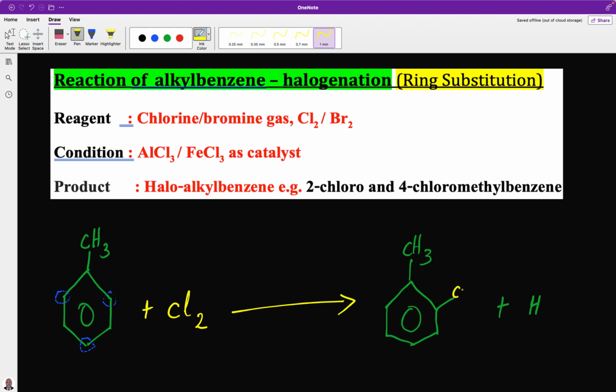So at this position you will have chlorine and steamy fumes of hydrogen chloride.